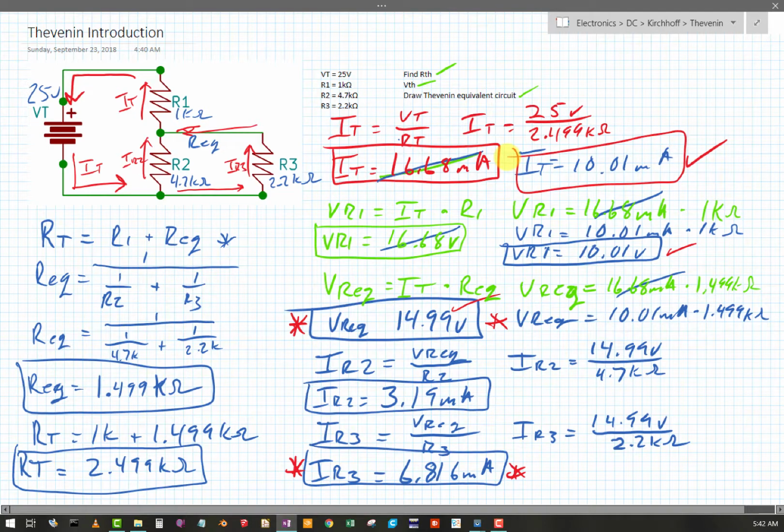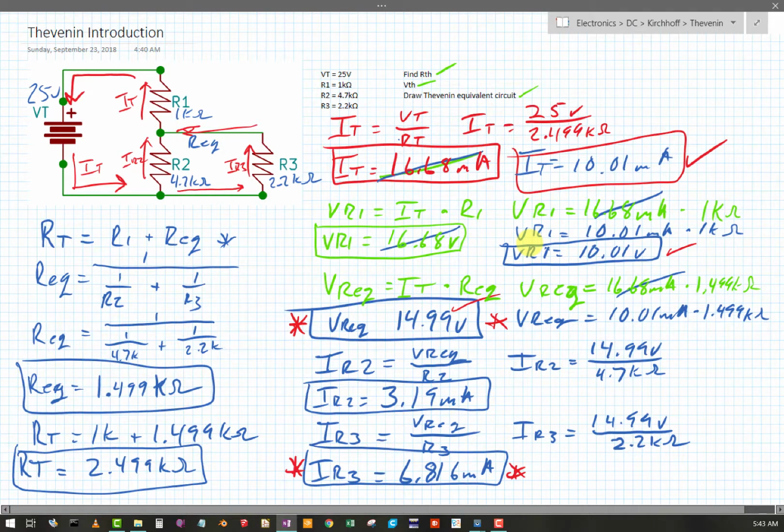Okay, so there's Thevenin's analysis and proof that it gets you the same numbers. Now you would do this if you had a complex network that you didn't want to solve the standard way over and over, and you could try out different values for your loads.